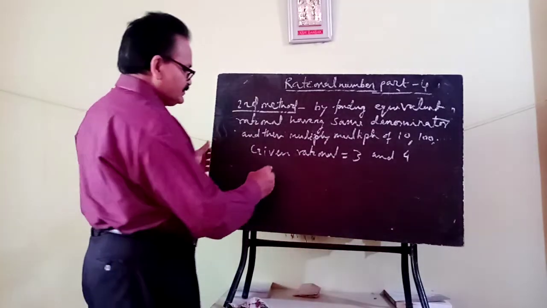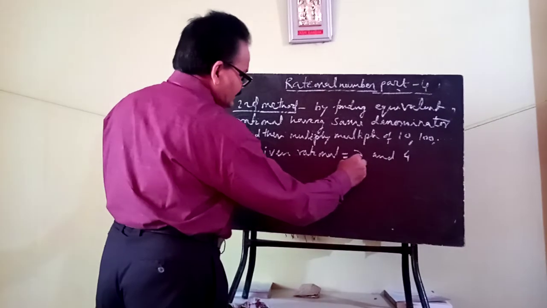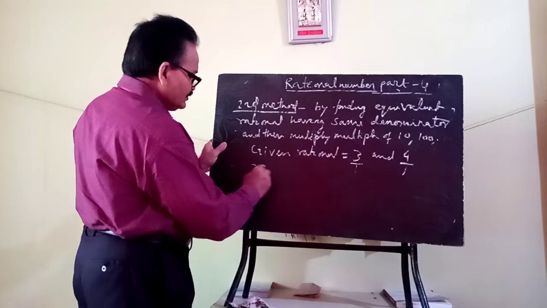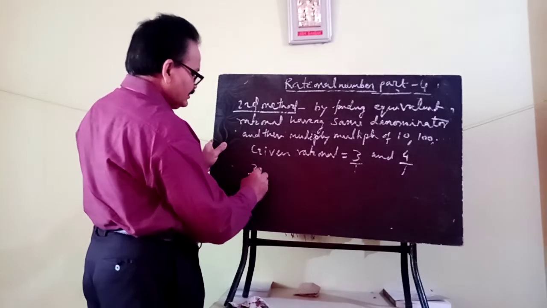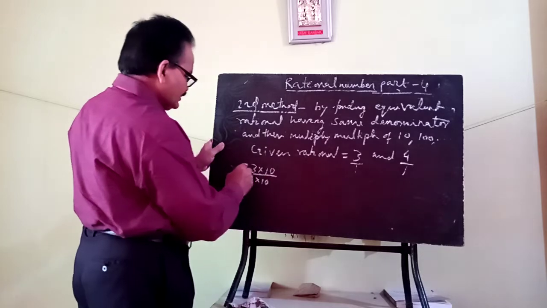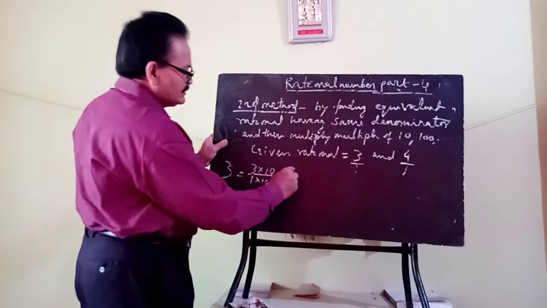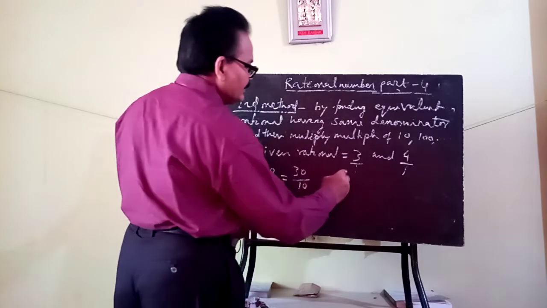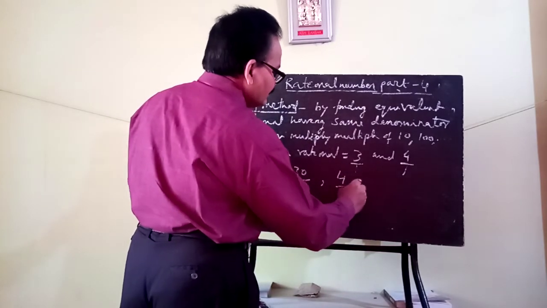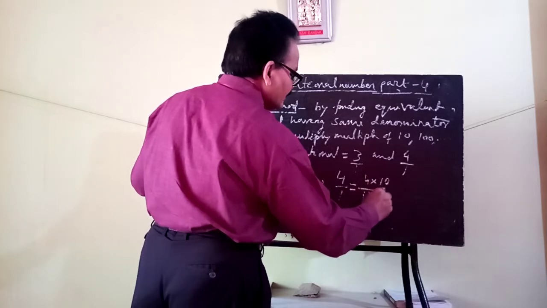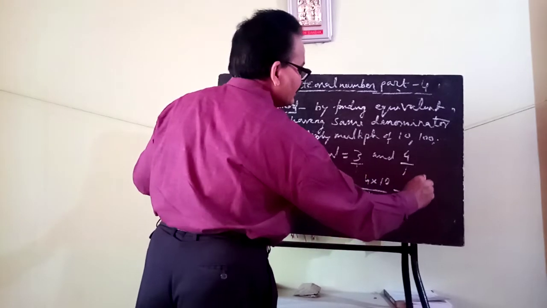What you will do? 3 means 3 by 1, 4 means 4 by 1. So 3 by 1 into 10 by 10. So this 3 can be written as 30 by 10. Similarly, this 4 by 1 can be 4 into 10 by 1 into 10, means this is 40 by 10.